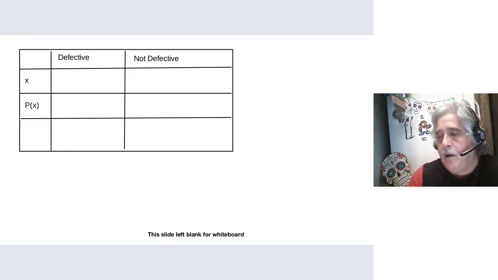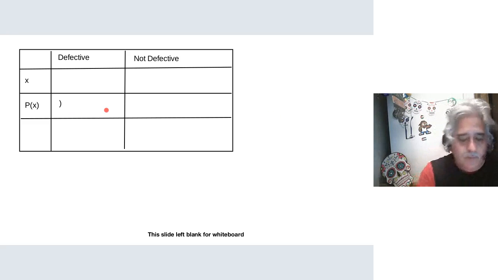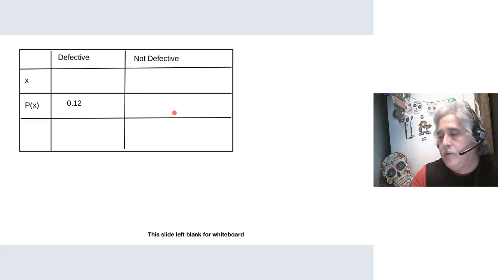All right, so the probability of it being defective was 0.12. And remember, you got to do it as a decimal. And then this one is going to be the complement.